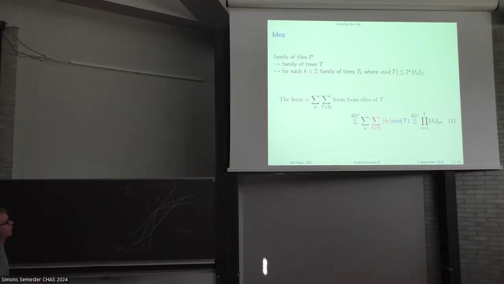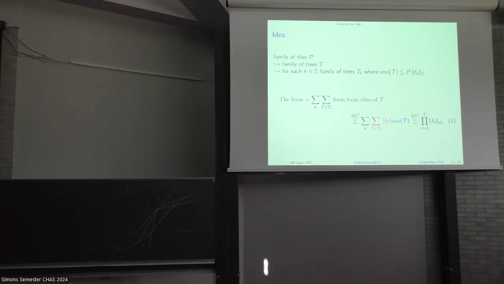There should be a subscript, or this right-hand side should be written differently. But the point is that there is a size function, which associates some number to this family. And then we decompose the whole form into subforms, which come from this choice, which we will do later.